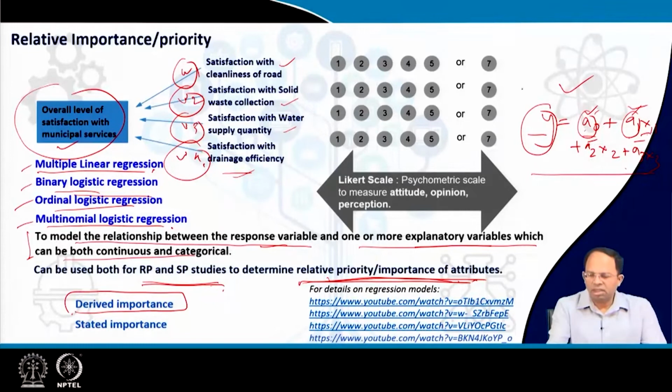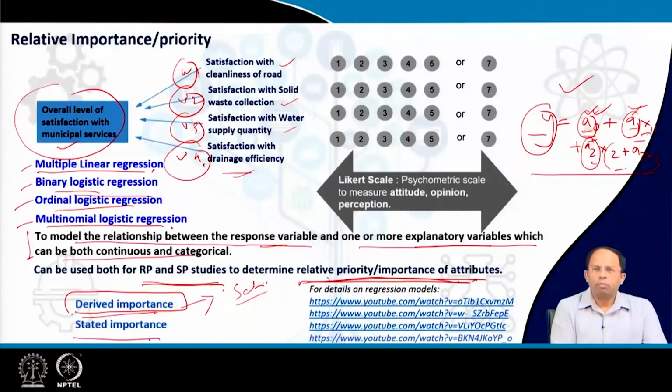That means based on this equation, based on the regression, I will get values of a0, a1, a2, a3 and so on. So these weightage values or importance values are derived, right? So these are known as derived importance. So even though we use a satisfaction scale or Likert scale with satisfaction values, we can derive their importance or priority, right? So that's why we call them derived importance.